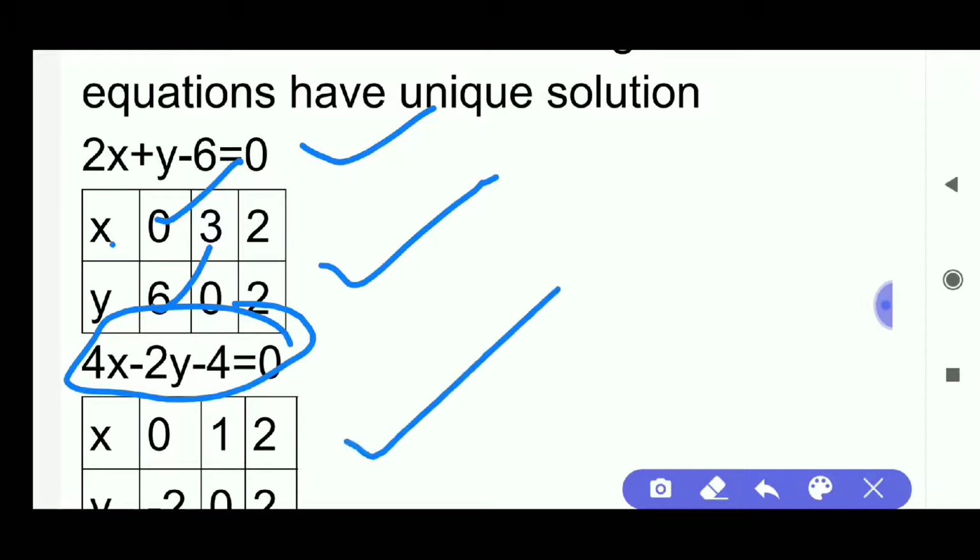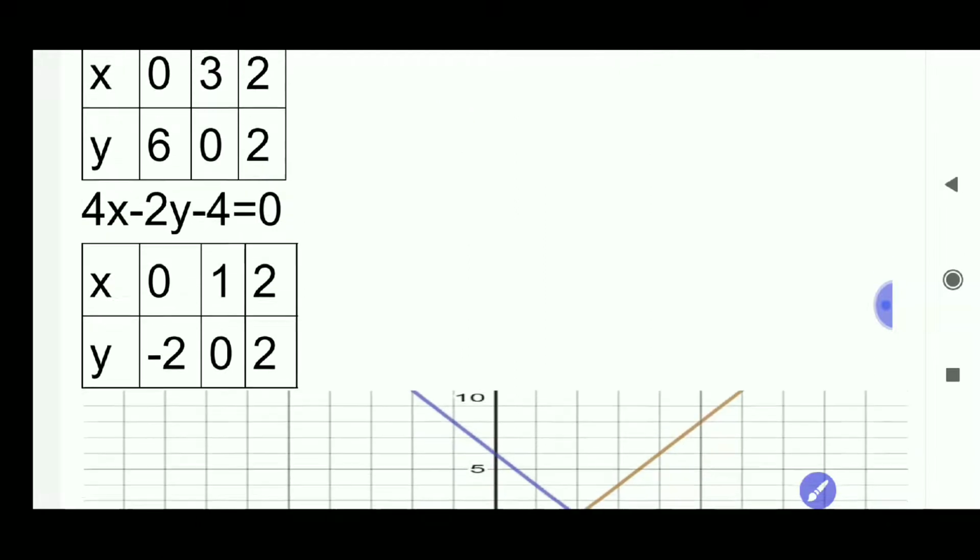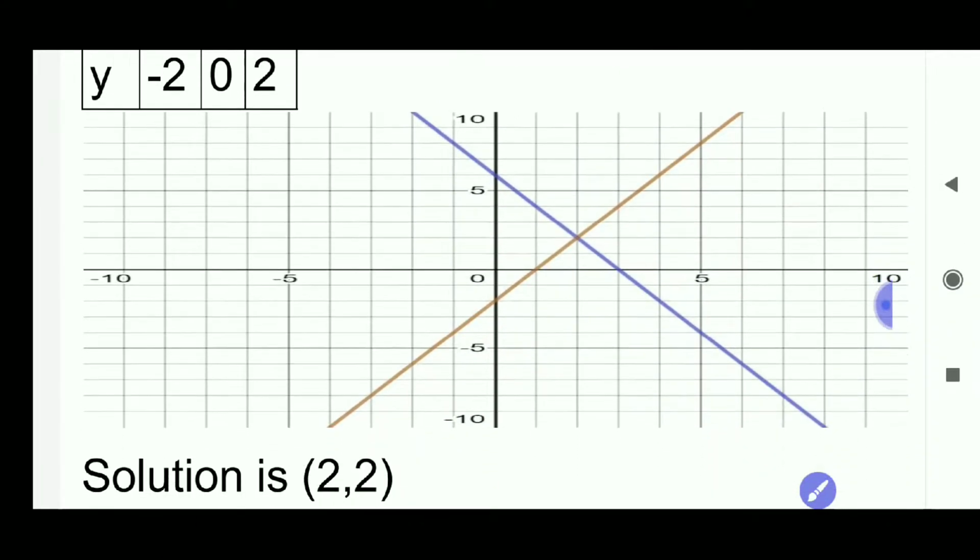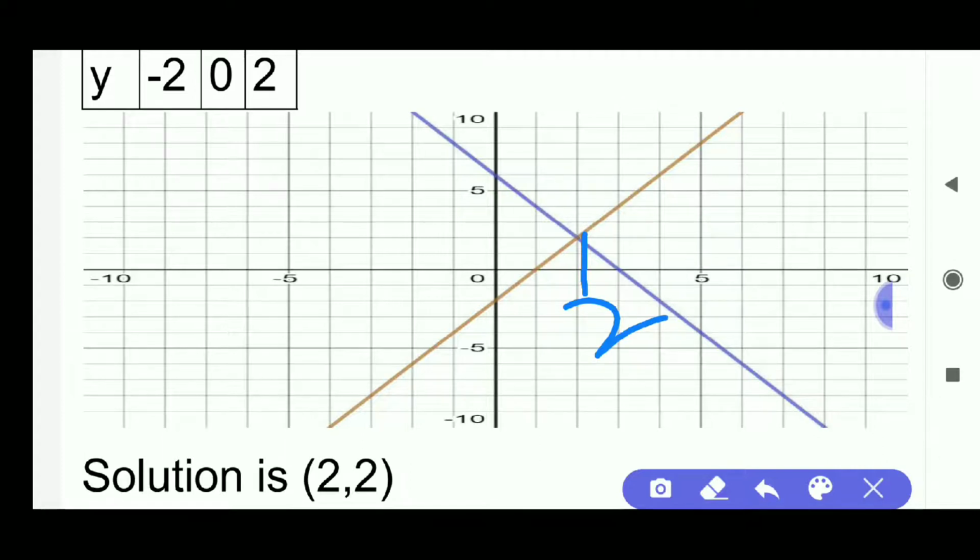After preparing these tables, plot these points on the graph. The intersecting point is here. When we draw a line to the x-axis, it meets at 2. Similarly, when we draw a line to the y-axis, it also meets at 2. So the solution is (2, 2).